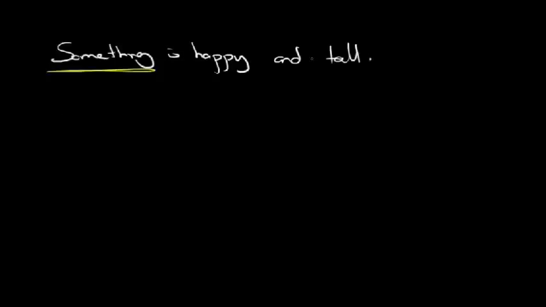This sentence, something is happy and tall, could be true right now because John is happy and tall, but 100 years ago it could have been true because somebody else, Smith, was happy and tall. This sentence can be made true by different subjects, right? Because it's general, it doesn't relate to any particular subject.